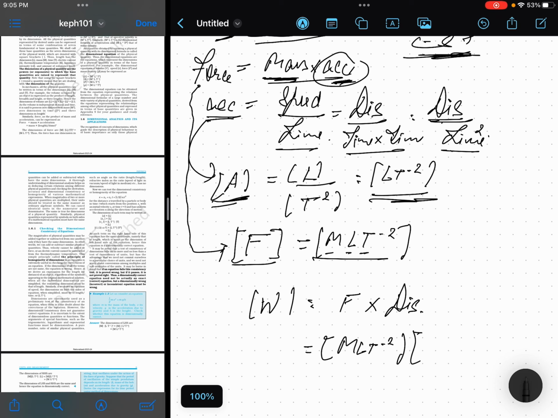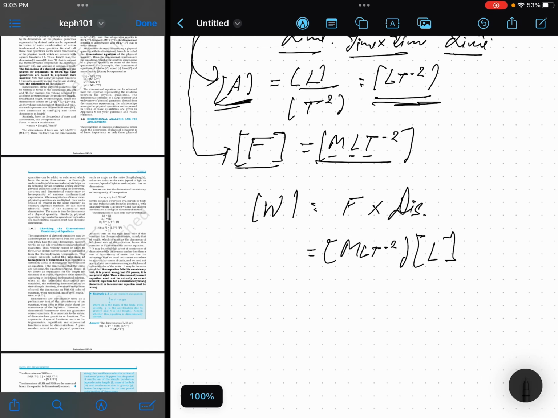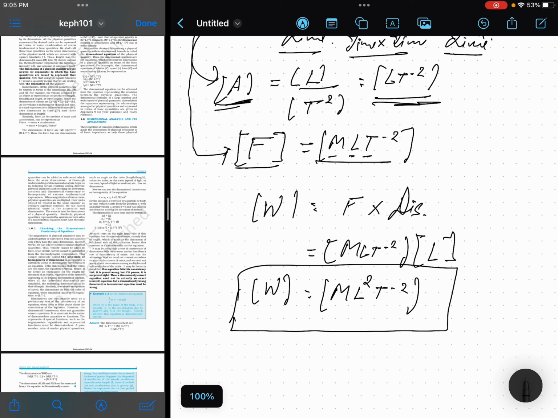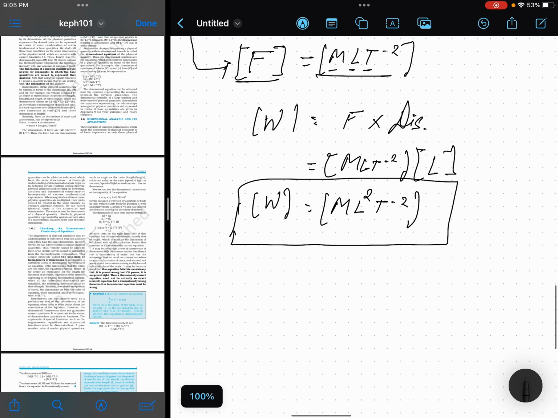And the dimension formula of distance, we already know, we are representing it as L. So the dimensional formula of work done will be ML2T minus 2. I hope it is clear to you all. So in this way we can find the dimension formula of anything. Alright, I hope you have understood up to here.